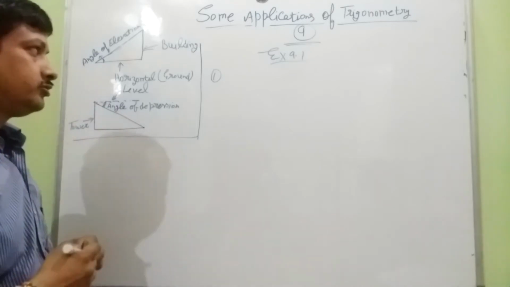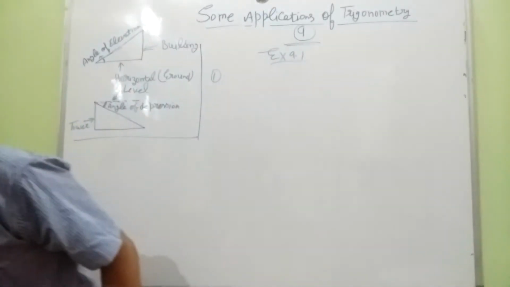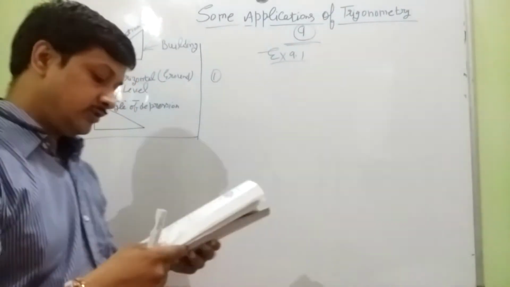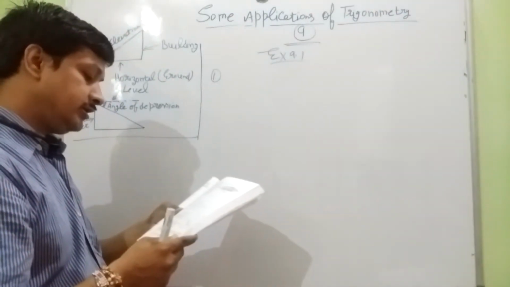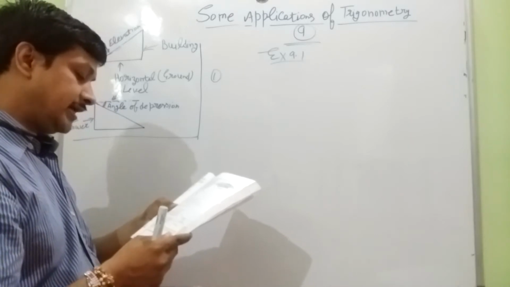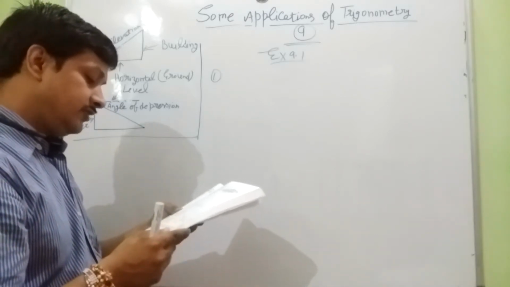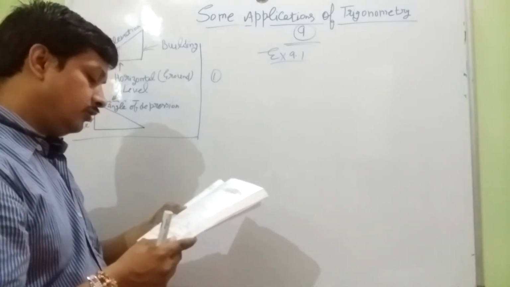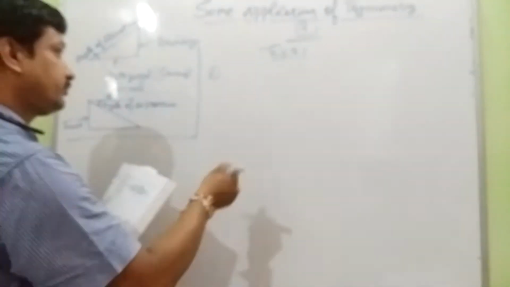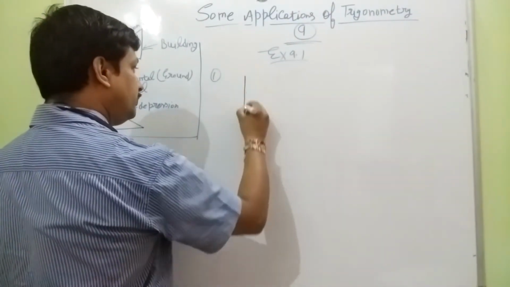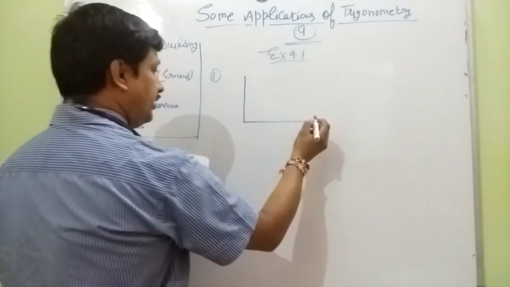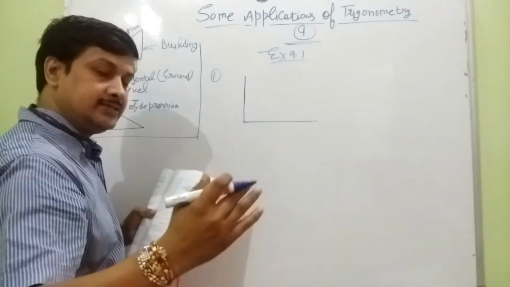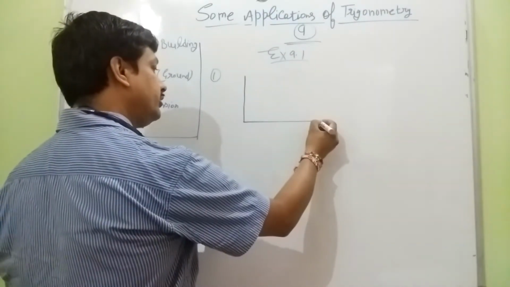Okay. So students, let us start exercise 9.1. Our first question is: a circus artist is climbing a 20-meter long rope which is tightly stretched and tied from the top of a vertical pole to the ground. Here is a pole on the ground and a circus artist is climbing on a 20-meter long rope.